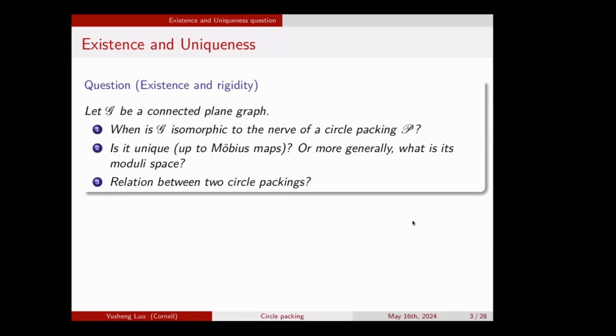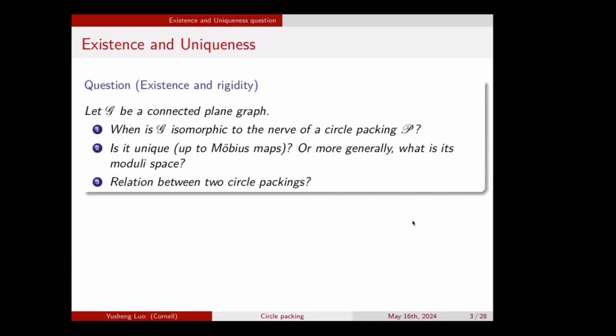And is it unique? Or more generally, what can we say about the space of all circle packings with this graph as combinatorics? And the last question that we want to address in the first part of this talk is how do we compare two circle packings with the same combinatorics?